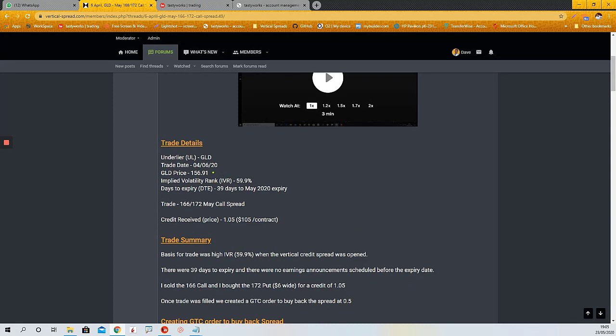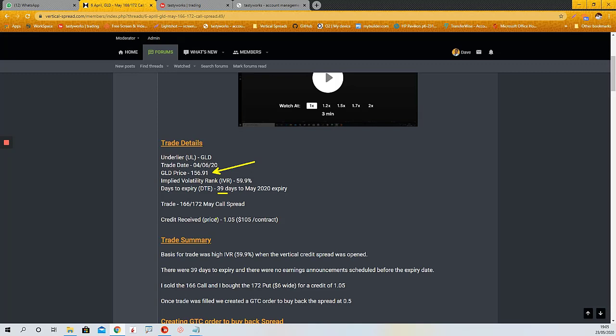If the day after I sold, GLD was at 158, I would be showing a loss. But given that there were 39 days to go, and after 11 days GLD only moved up $2, the way the algorithm works, the theta decay was greater than the delta movement, if that makes any sense.